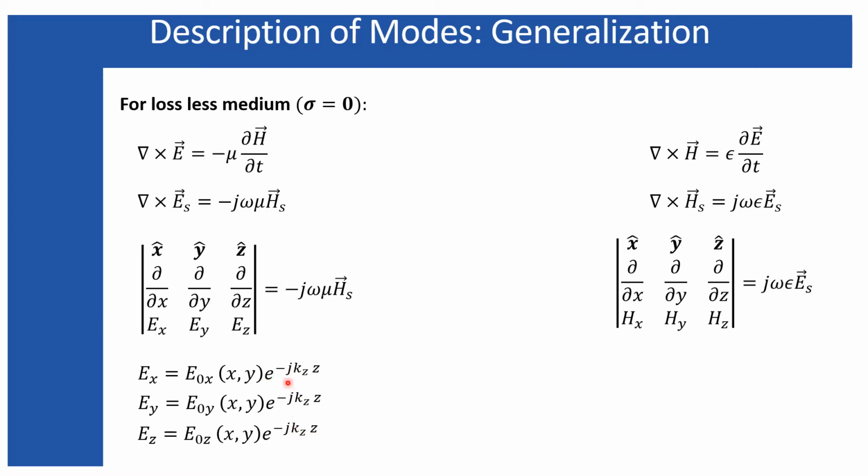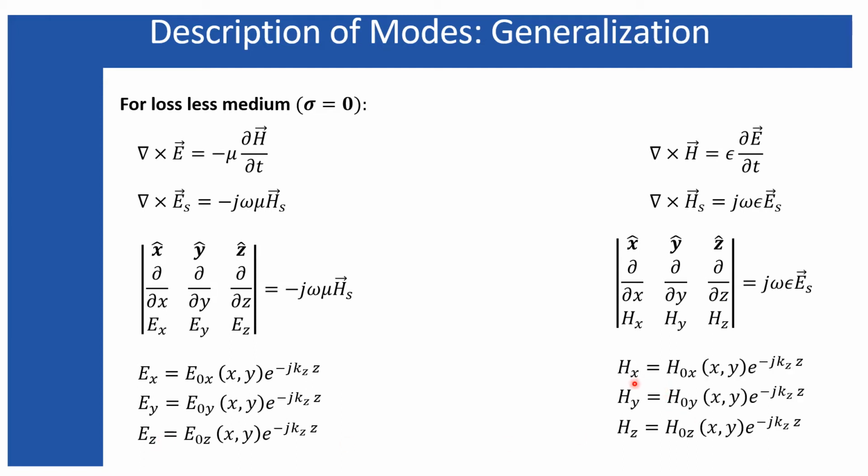That is why the z dependence will be similar for each of these three components. However, the x and y dependence may be different for each component. So E naught x represents the magnitude for the x component, which depends only on x and y. Similarly, the same argument is applicable for the y component and the z component of the electric field.